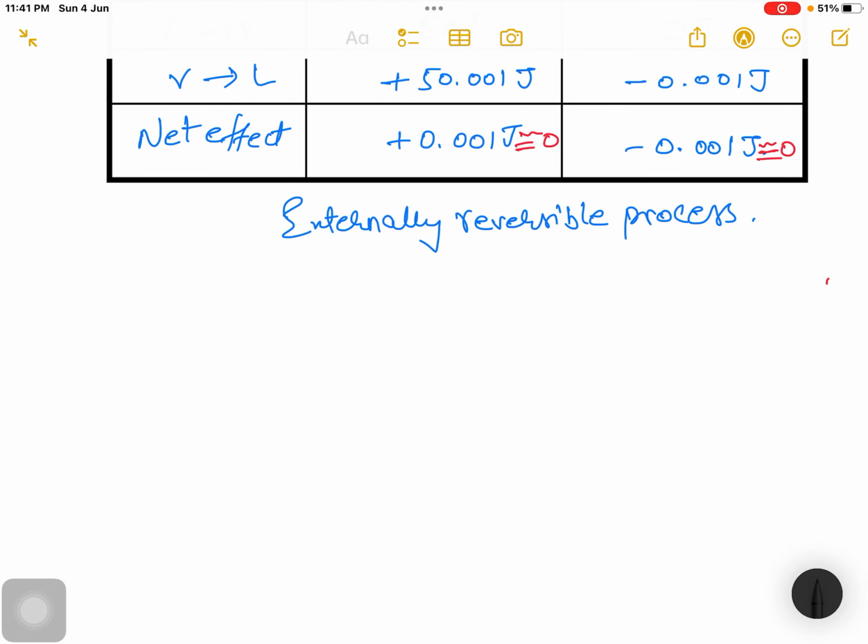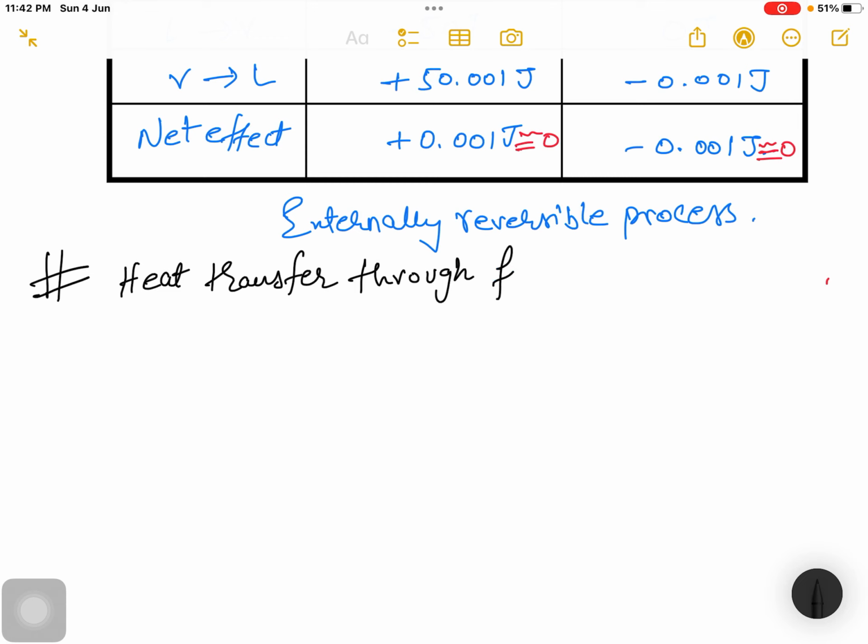In general, for calculation purpose, phase change can be considered as internally reversible process.